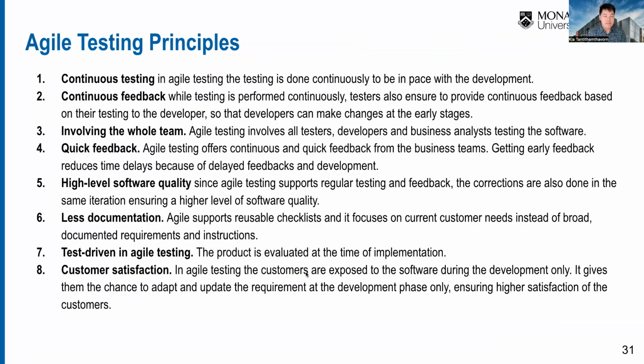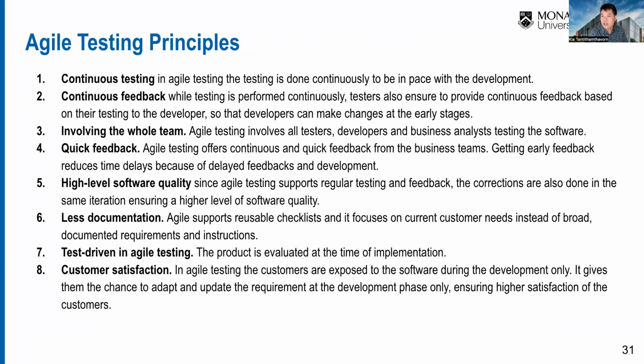Okay. Agile testing principles, right? So these are the 8 principles for agile testing. Okay, first, we should do continuous testing. It's not solely a separate phase in DevOps or a separate phase like in waterfall.